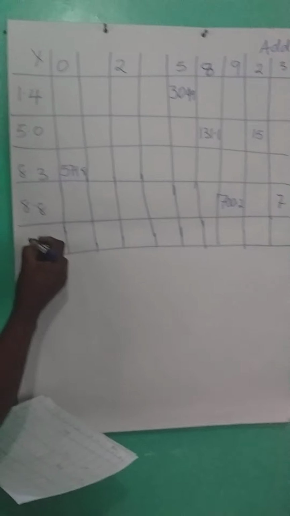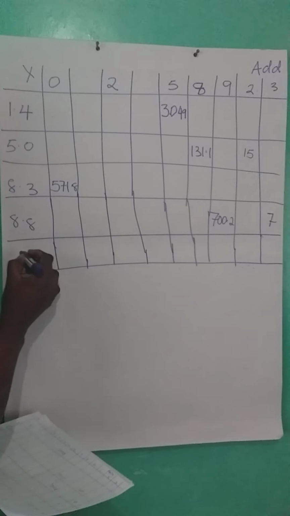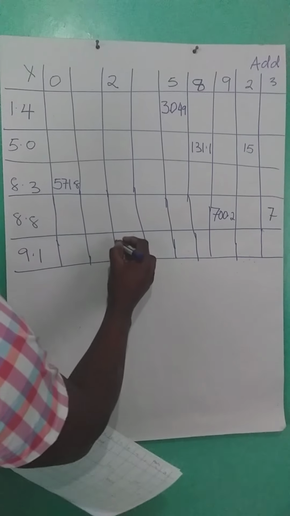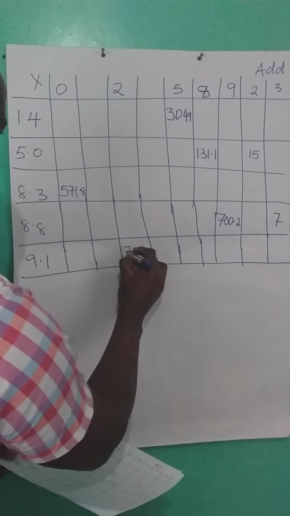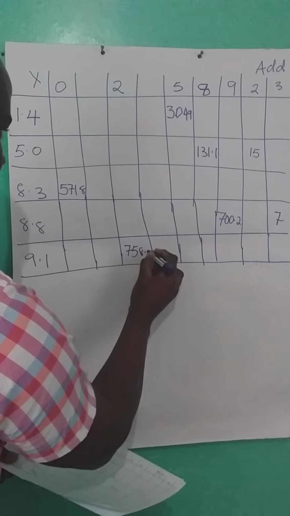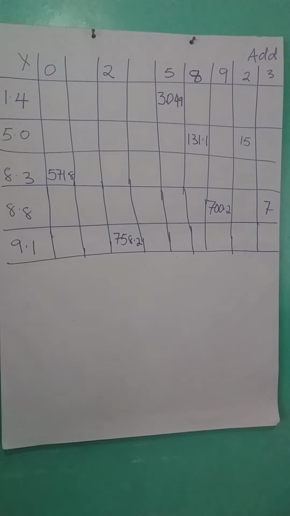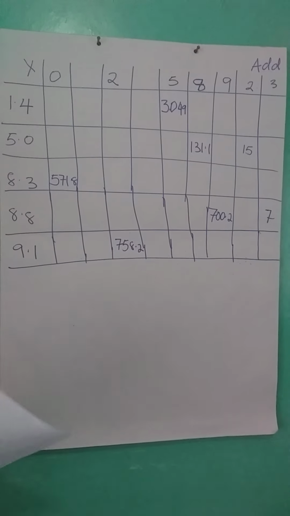Then the last one is 9.12, which is 758.2. So that is just a sample of our mathematical table.